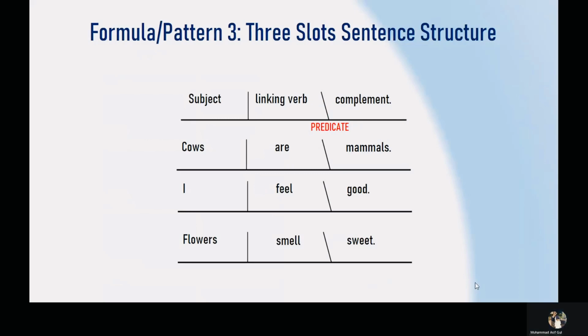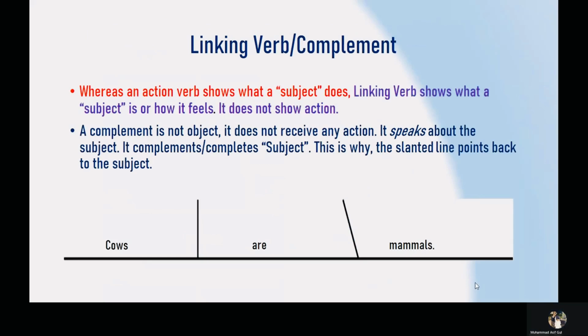We will see what we mean by these 2 terms. First, let's read the example sentences. Cows are mammals. I feel good. Flowers smell sweet. Let's try to understand what we mean by linking verb and complement. We know already that we have action verbs. Action verbs show what a subject does. They show an action.